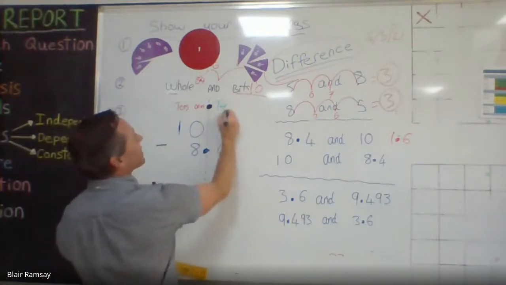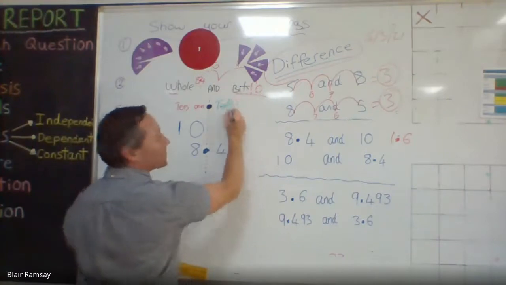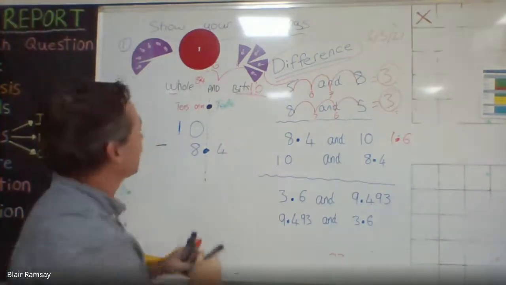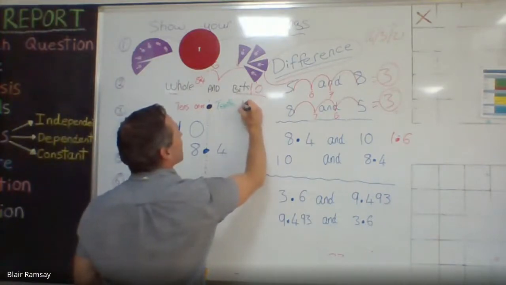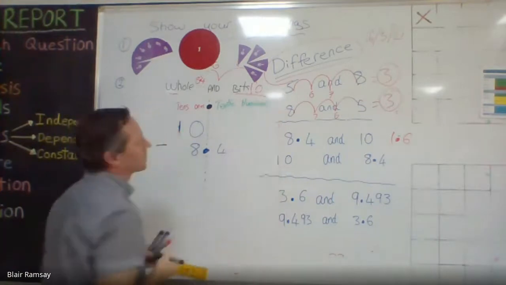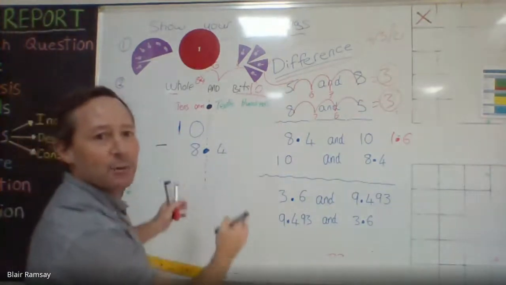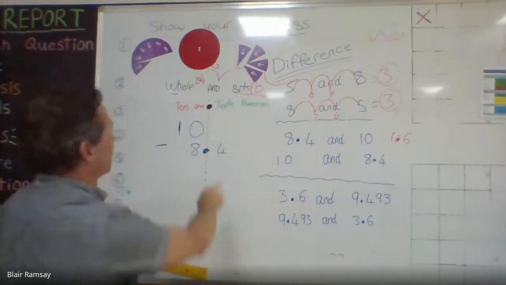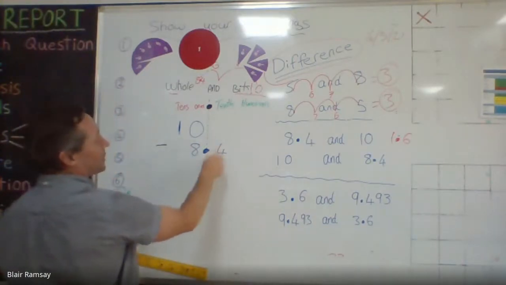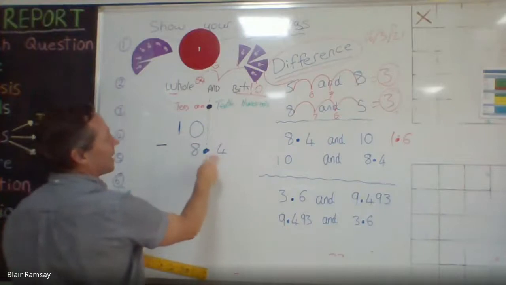We've got the 10s, and next to the 10s would be the hundredths. In this case, we're not dealing with hundredths because we've only got one decimal place value, one digit after the decimal point.